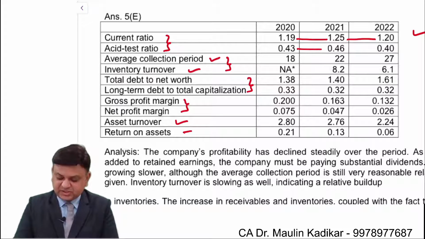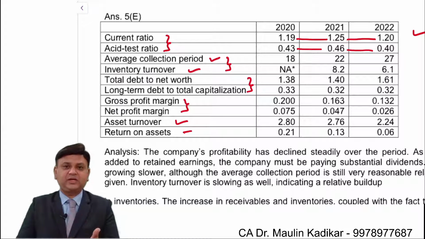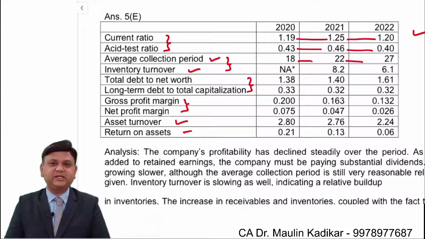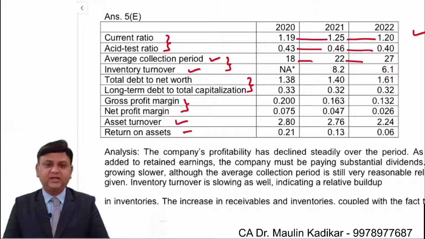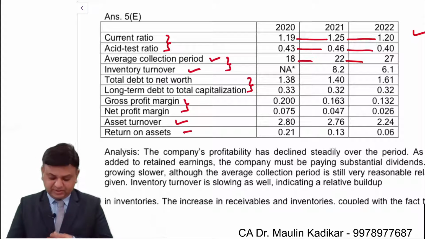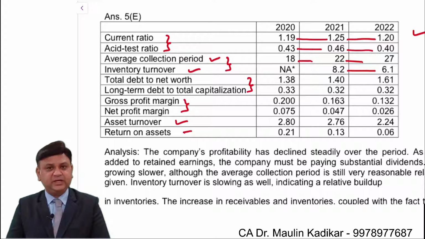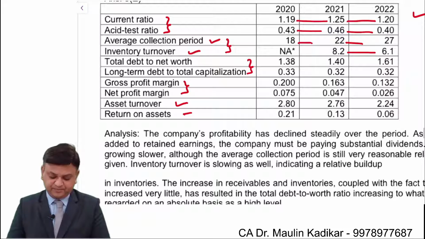The asset ratio has gone down, maybe because the stock level has gone up. Average collection period increases, which is not a good sign; it indicates that collection is getting delayed. Inventory turnover ratio is falling, again not a good sign.